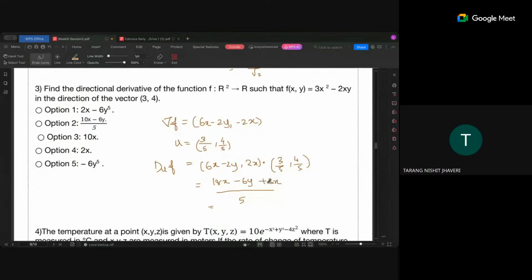So option 2. But I missed this minus sign. So here is a minus sign. All these are incorrect.